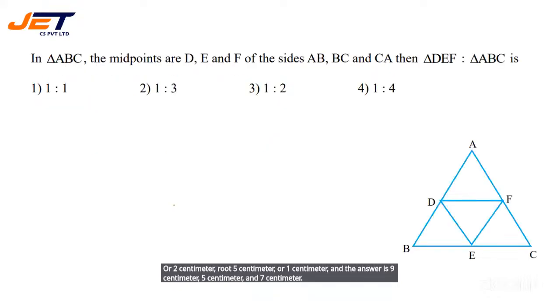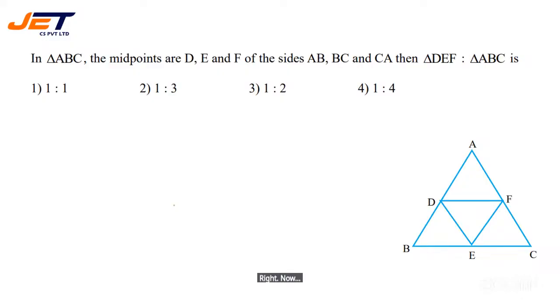Right. Now, in triangle ABC, the midpoints are D, E, and F. So D is the midpoint of AB. E is the midpoint of BC. F is the midpoint of AC.